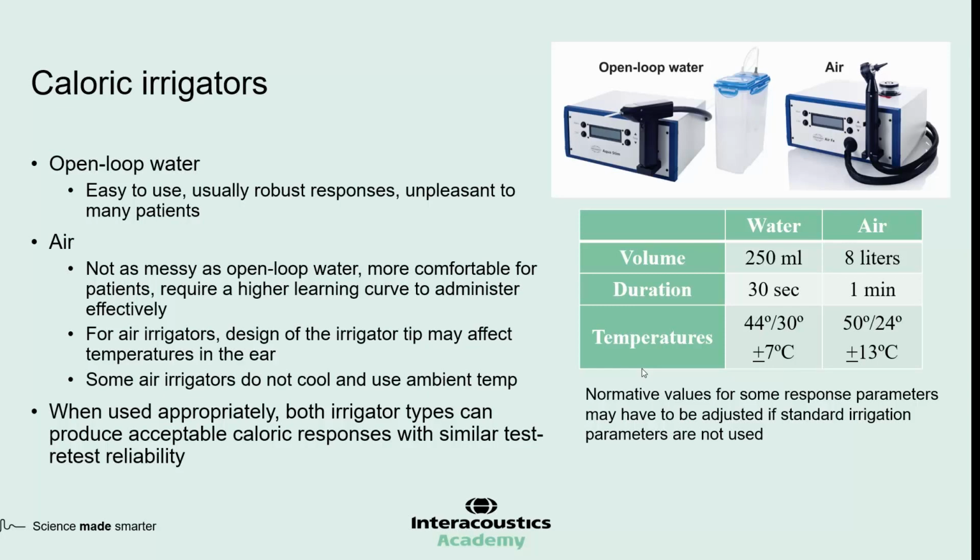For example, an irrigator where the air freely goes in and out will have a different temperature in the ear canal compared to an irrigator that seals the ear canal and doesn't let the air come out. So again, just follow the manufacturer's recommendations.